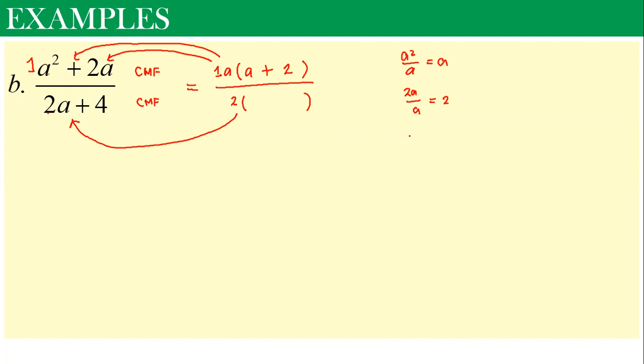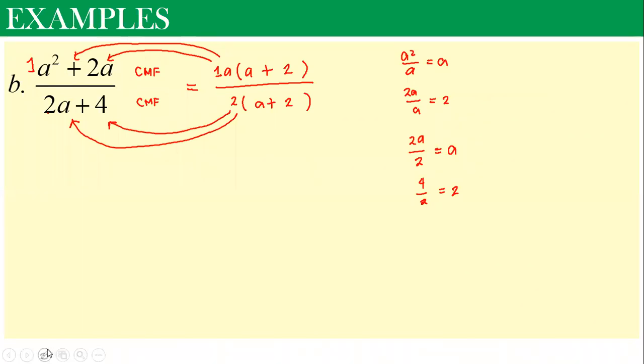So we have 2a divided by 2. So 2 divided by 2, that is 1. And then we have a. So we will write a plus or addition. And then, again, 4 divided by 2. That is 2. Okay, so we have now a plus 2.